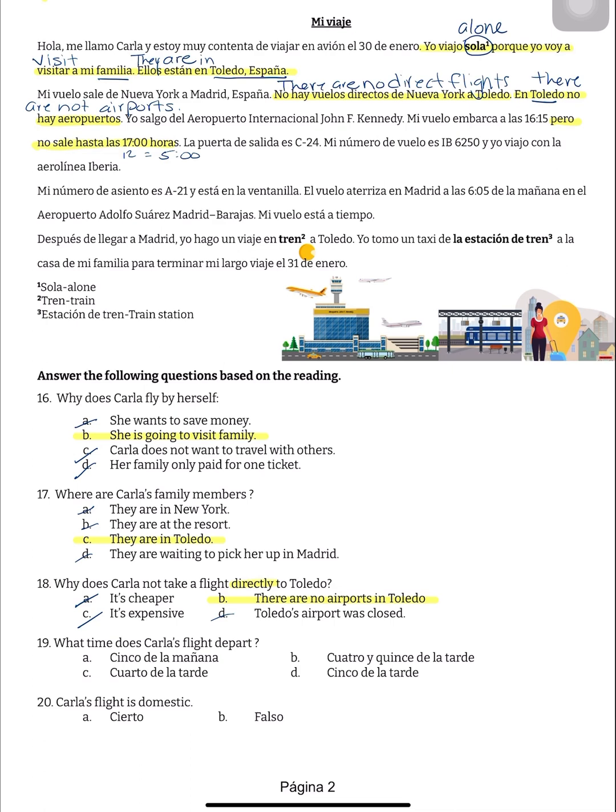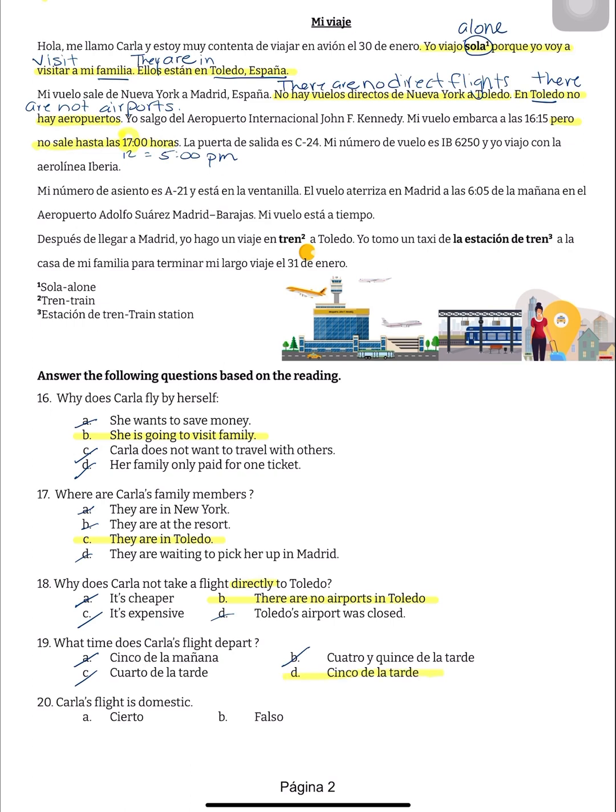Now, simply because it is in the 24-hour clock, the fact that it's 17 means PM. So this is also telling me that it's 5 p.m. That is very important because, as you can see, A is 5, but that's AM. So I can eliminate that. Cuarto de la tarde, cuarto y 15 de la tarde. No, it's going to be 5 de la tarde, my answer.